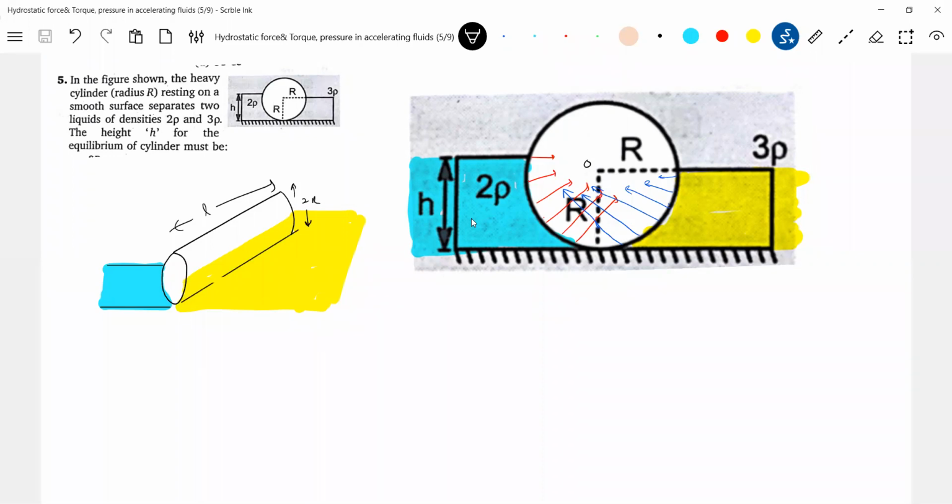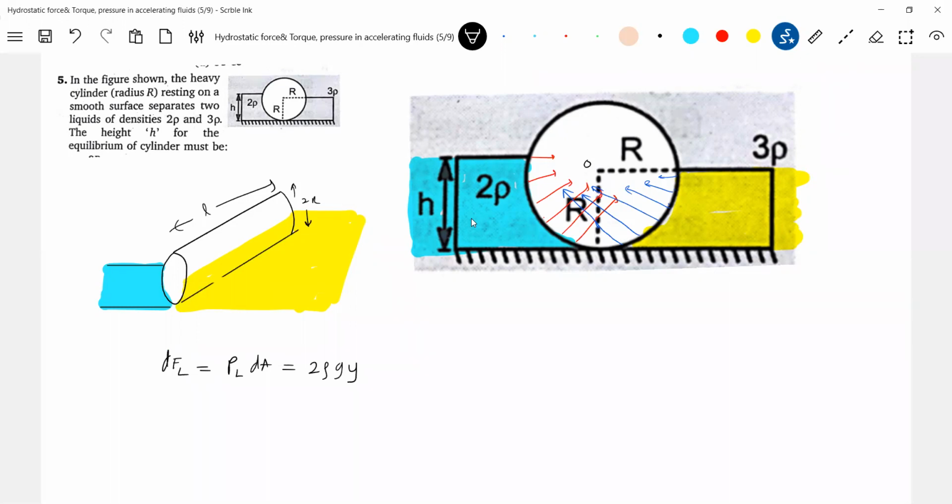On the left-hand side, what is the density? 2 rho. So I'm going to assume a strip. The force exerted by this should be equal to pressure PL into dA. What is PL? Density 2 rho, so 2 rho g y.